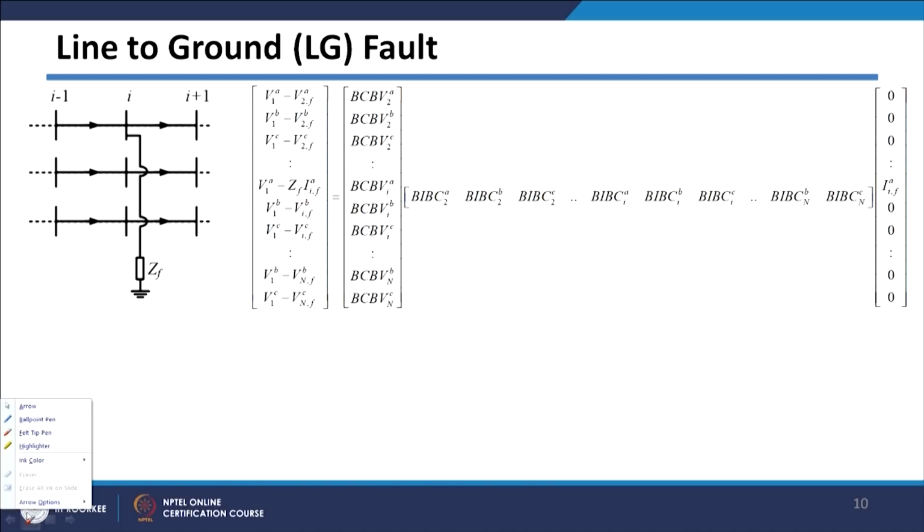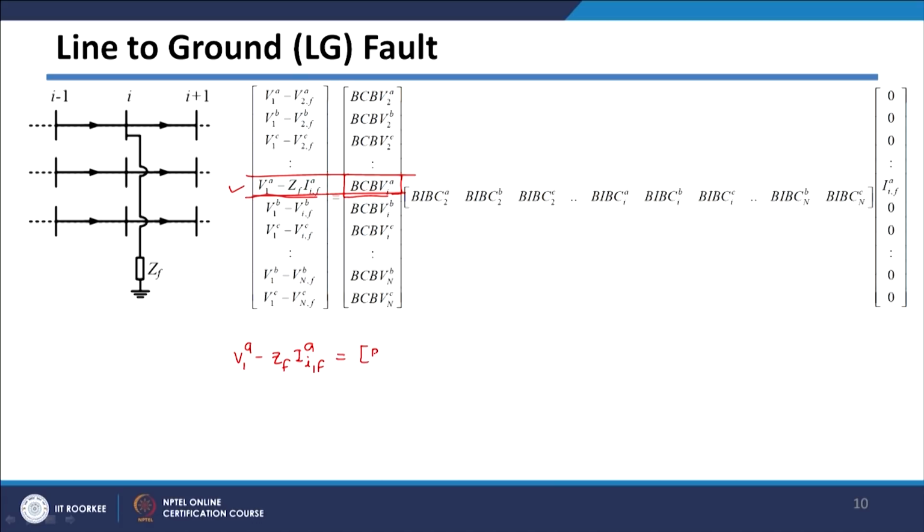Now if you see this matrix here, and this row, if you write the equation for this row, it will be V1A minus ZF into the fault current in A phase, which will be equal to this row of the BCBV matrix getting multiplied.